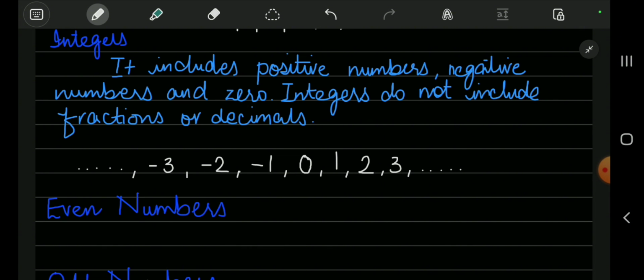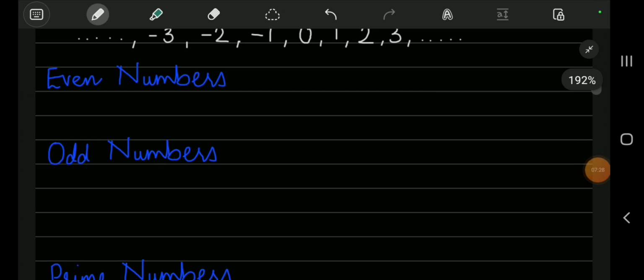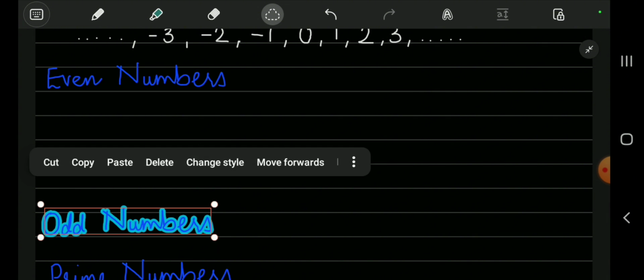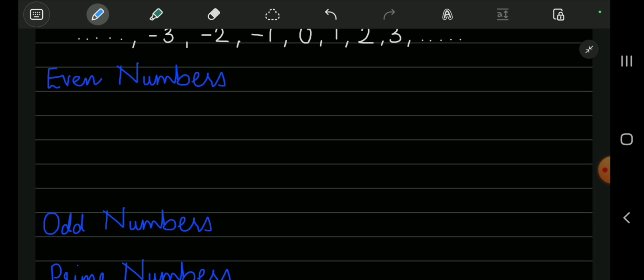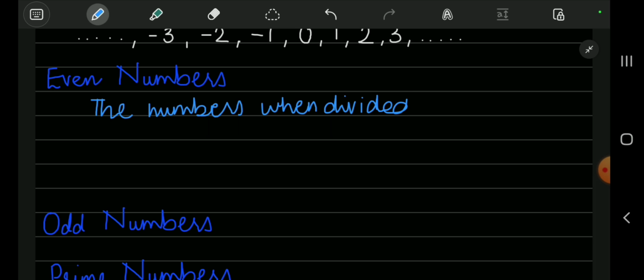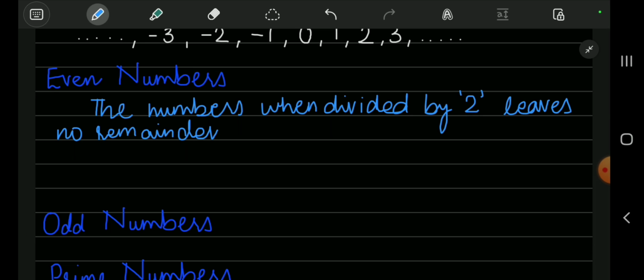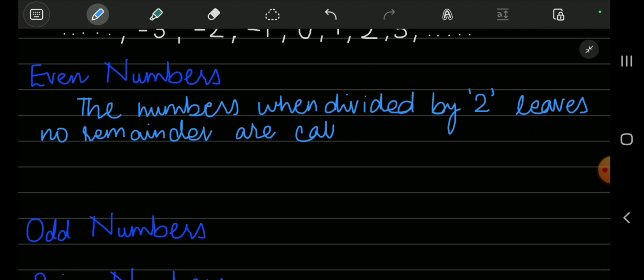Okay, now let's move to the next part, even numbers. The numbers which, when divided by 2, leave no remainder are called even numbers.